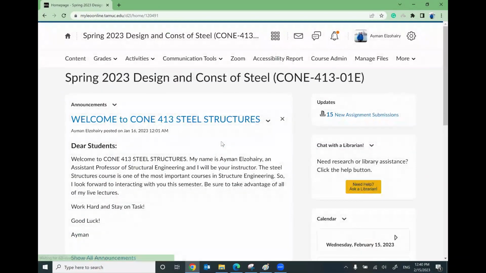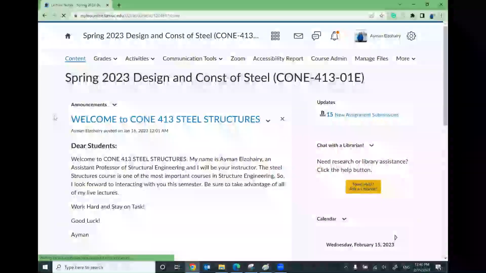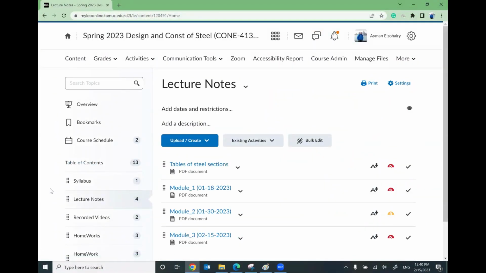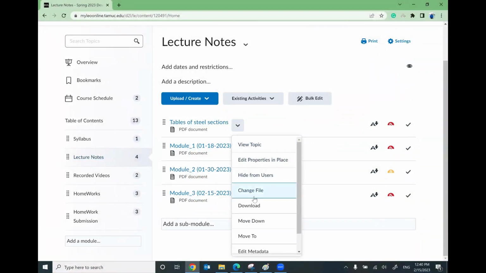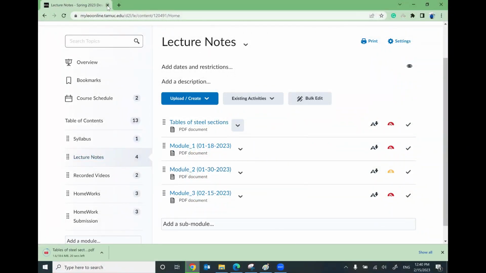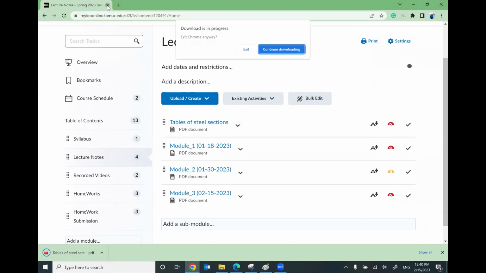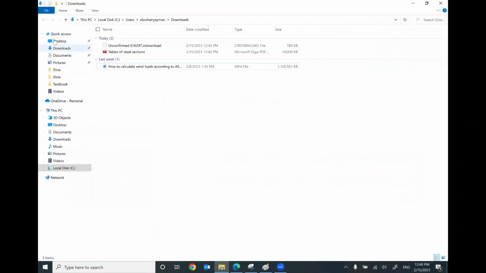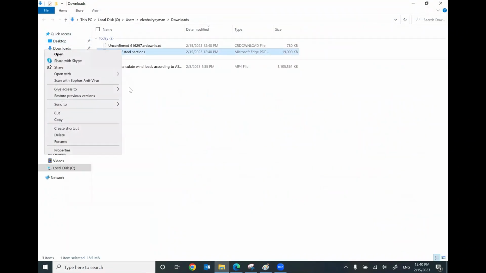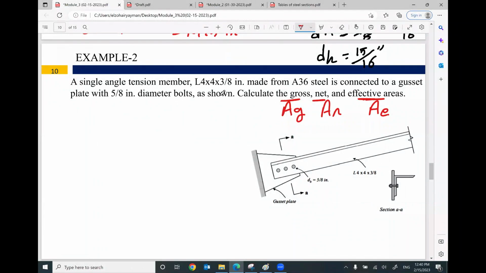In the previous examples I solved, it's a given steel rod or steel plate, and the width is given, and the thickness is given. But sometimes, in the current example, we are given an angle.